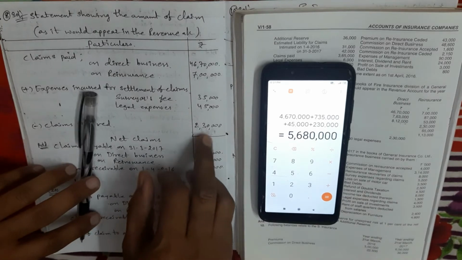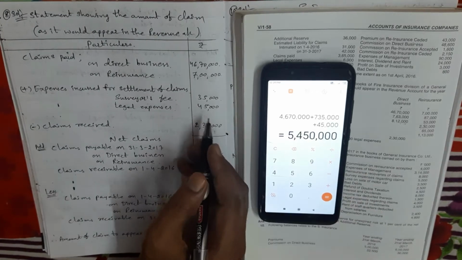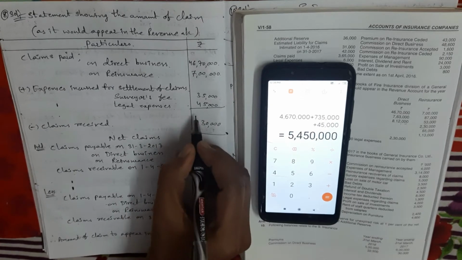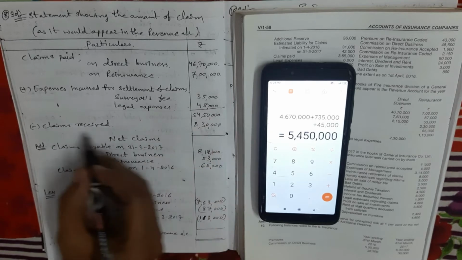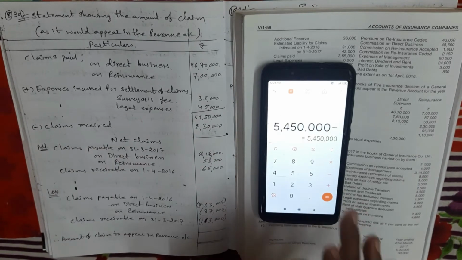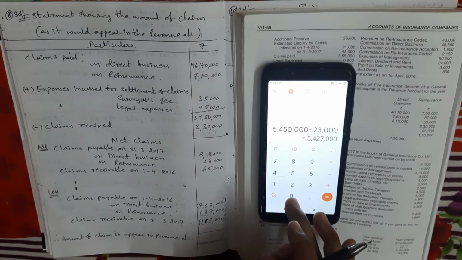Sorry, 2 lakhs 30,000 we have to subtract. Right. So the total is 54 lakhs 50,000. So from this we deduct the claims received amount. So minus 2 lakhs 30,000.